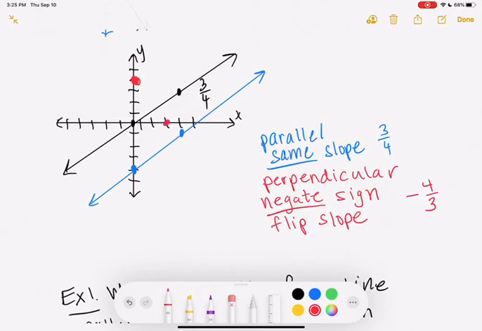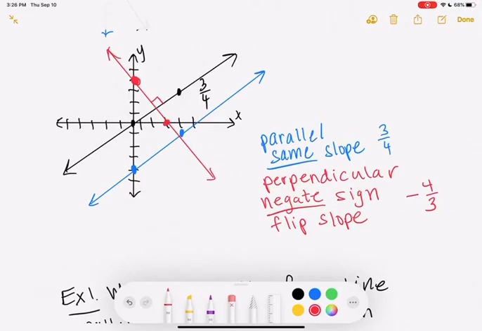Okay, so I counted down 4 over 3, and hopefully it looks perpendicular. It's kind of hard when we're sketching sometimes. All right, I think that looks pretty good. A little box means that it's perpendicular, that's 90 degrees right there. If you tilt your head a little bit, you could see that's a 90-degree angle. So those are perpendicular.